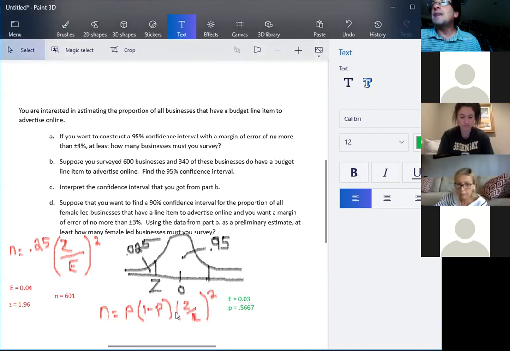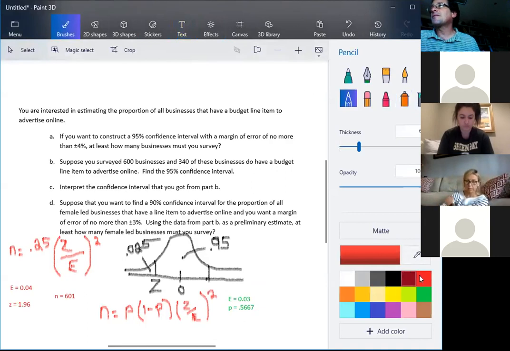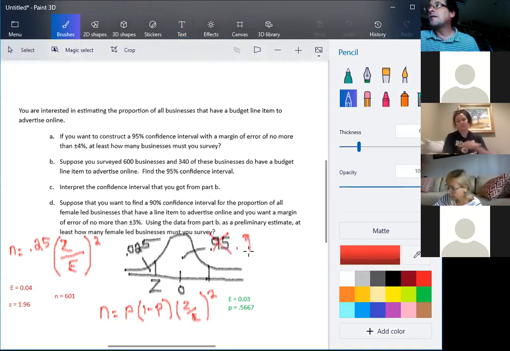Okay, to find n, we've got to find z first. So first thing, let me just remind you that we're not dealing with 95% anymore. Now we're dealing with 0.9, 90%. So no longer 0.025. What's the percent now?